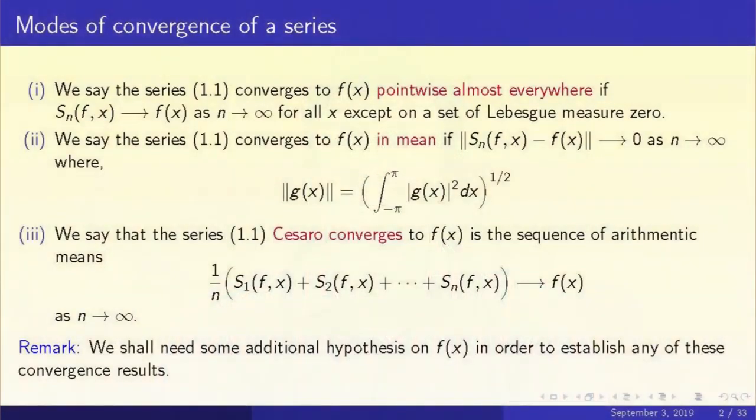Now the third mode of convergence is the Cesaro convergence. So what is Cesaro convergence? We take the partial sums S1, S2, S3.